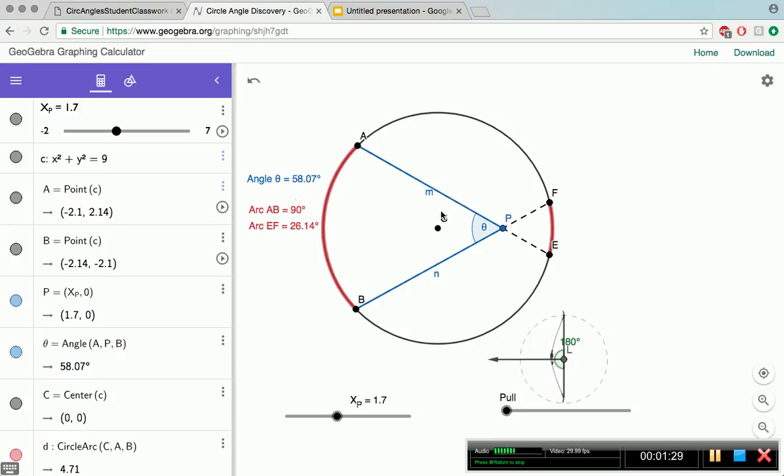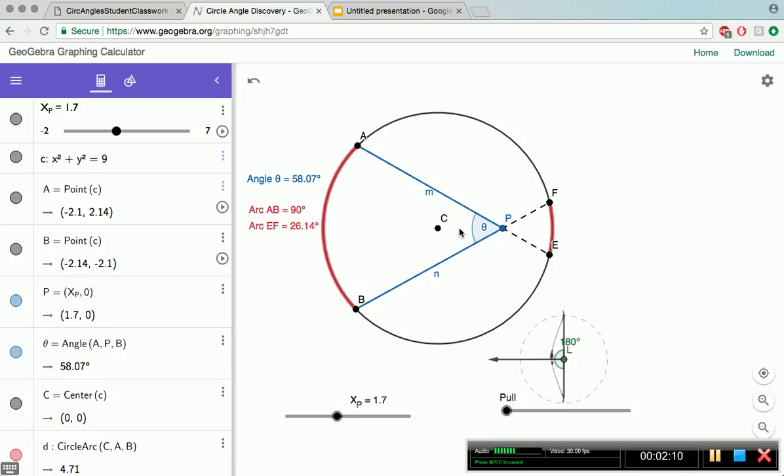It turns out that if you actually did the math with these numbers, 90 plus 26.14 is going to be 116.14, and half of 116 is 58, half of 0.14 is 0.07. So this is going to be the average of the arcs. So theta is the average of the arcs. That is really what we've seen the whole time.